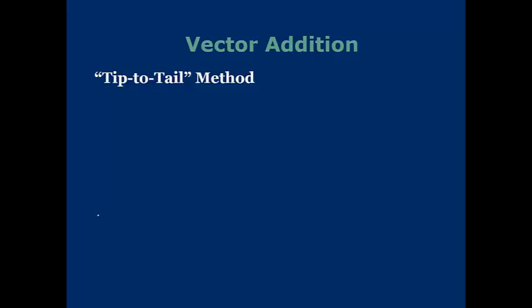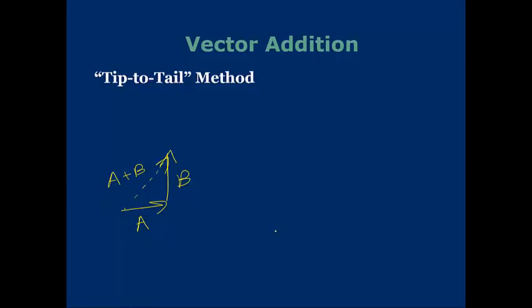When discussing vectors in particular, there are times we have to manipulate or modify them. The first one we're going to go into is vector addition. This is done through the tip-to-tail method. So if I were to have two vectors, like so, A and B, the resulting vector will be placed here, A plus B, tip to tail.